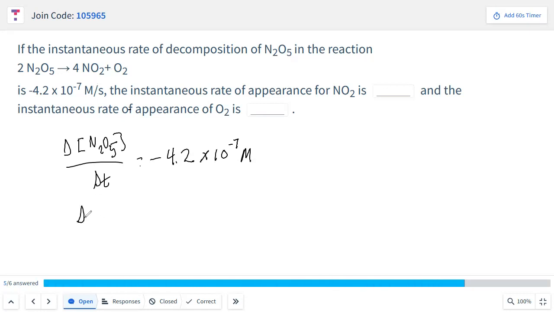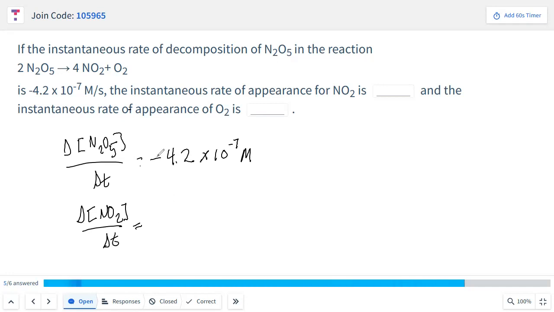Now for nitrogen dioxide, we can recognize that basically the nitrogen dioxide is doubled. There's twice as much nitrogen dioxide as the dinitrogen pentoxide.